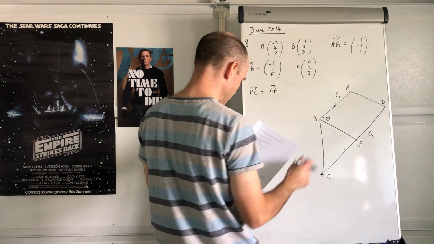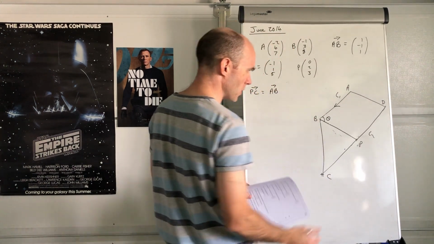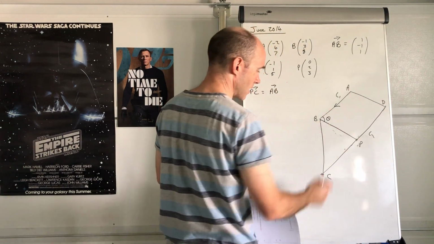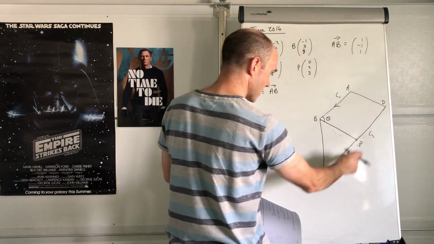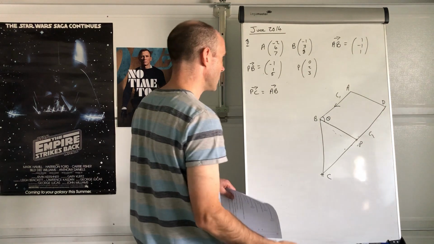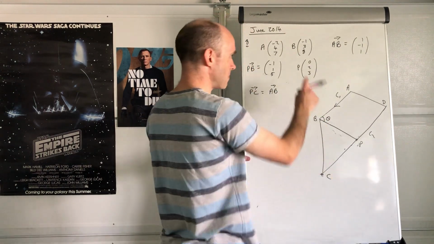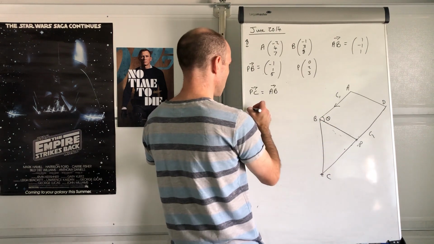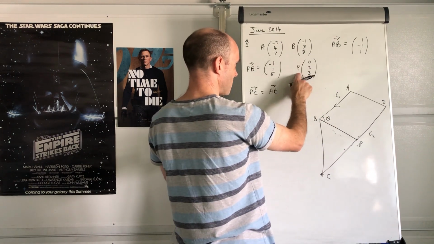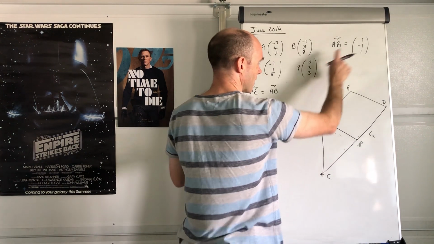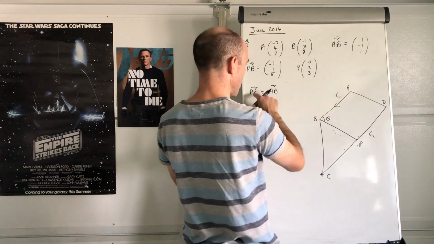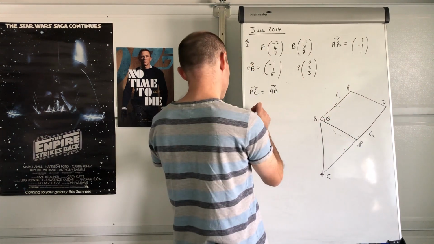It says that AB equals PC, but because those lines are parallel as a vector, AB is equal to PC. Now AB is that, point P is that. So starting from P, if we then go forward that vector, we should end up at C. Does that make sense?